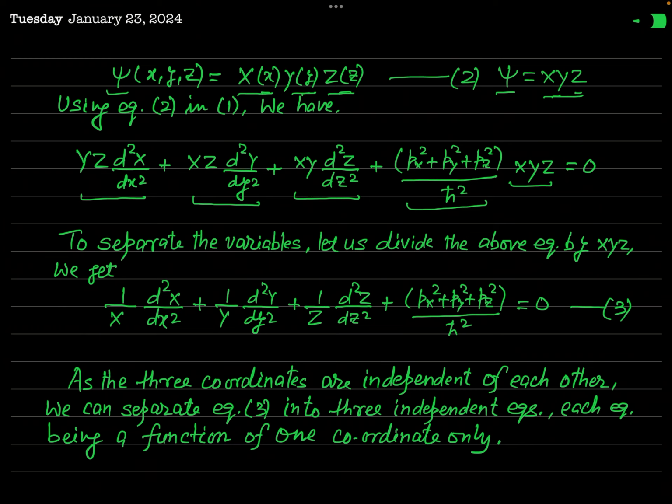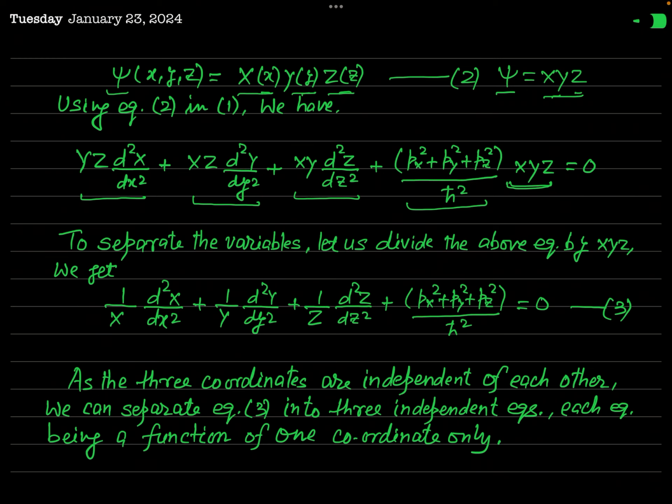So the variables are mixed, not separated. But our aim is to separate the variables. You can use very simple algebra: if you divide this equation throughout by the product X into Y into Z, the variables will get separated. So let us divide this equation by XYZ.